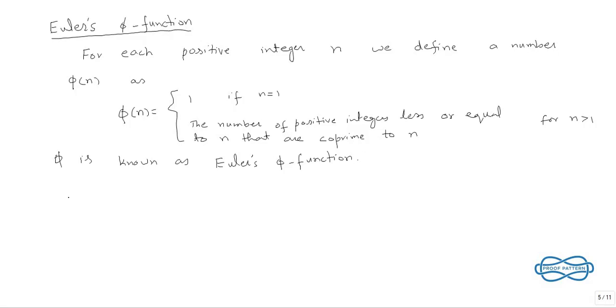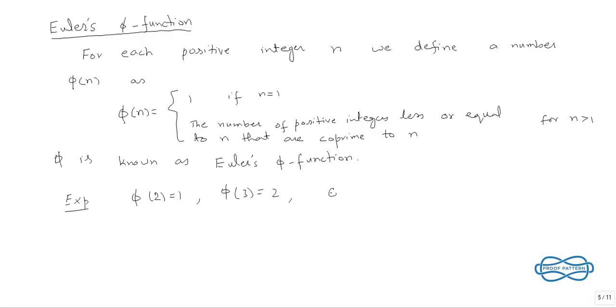For example, the Euler phi function of 2 is equal to 1 because there is only one integer which is less than 2 and relatively prime to 2, that is 1. Similarly, Euler phi function of 3 is 2 because the number of integers which are less than 3 and are relatively prime to 3 is 2.